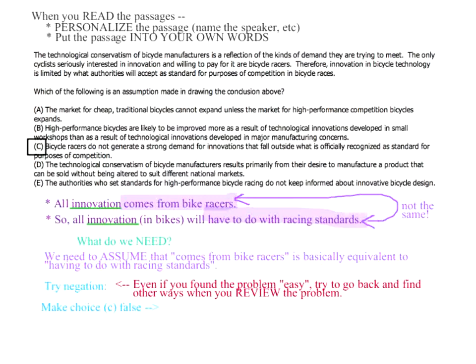If you negate choice C, if you make it false, what does it say? I see one or two people typing. So yeah, you can just take out the word not. That's a good way of summarizing it, because it's a very nice statement for negation. You take out the do not part. So if you take that out, then what you have is bicycle racers do generate a strong demand.